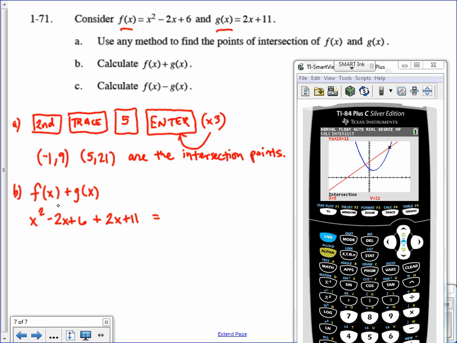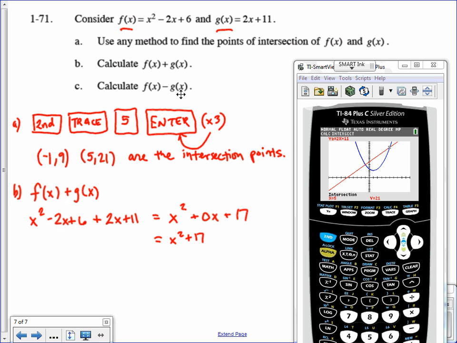That should then equal x squared by itself. Negative 2x plus 2x gives us 0x. And then 6 plus 11 gives us positive 17. So in the end, we're at x squared plus 17. That's when we add the two together.